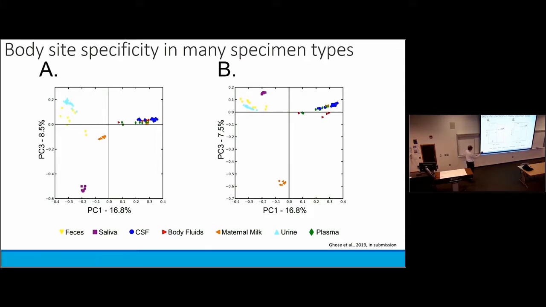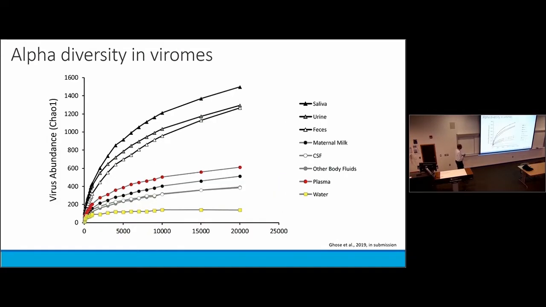But then on the other side of this principal coordinates plot, you find all those other body sites: plasma, body fluids, CSF, milk, which seem to be somewhat similar. I'd say the one exception is that the milk seems to have characteristics that none of these other sample types have. So when we first looked at this, we'd say, well, let's just divide this in half. This is one cluster. This is sort of a second cluster of viromes that we're seeing.